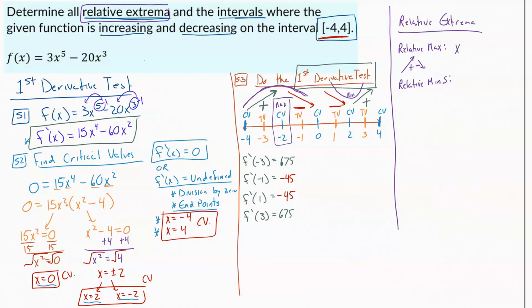So we know we've got at least one max happening at x equals -2. Mins are always going to be negative into positive. And so we already marked that. Again, if you just draw those shapes, it really helps to see. We for sure have a relative min happening at x equals 2.